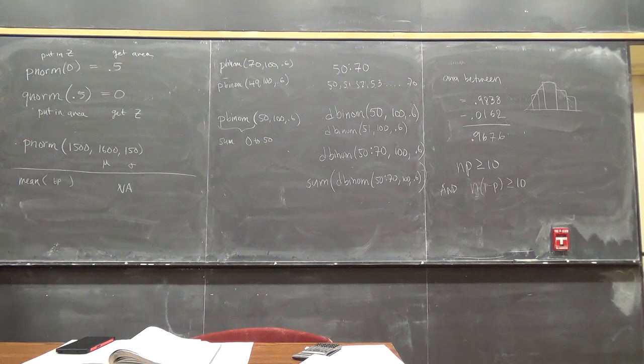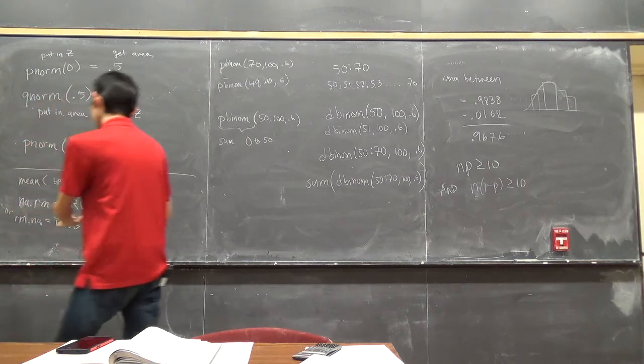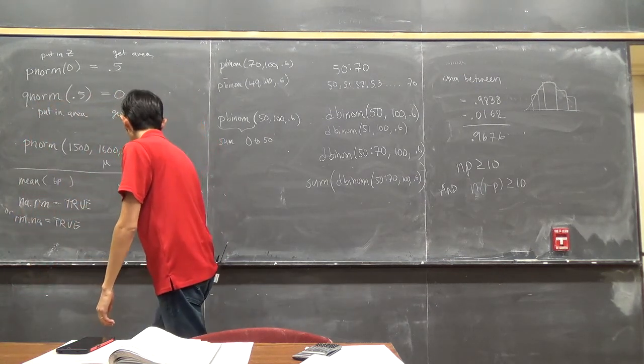So what you want to do, oh, and I forgot, it's either na.rm equals TRUE, capital TRUE, or rm.na, and I always forget which way it goes, equals TRUE.